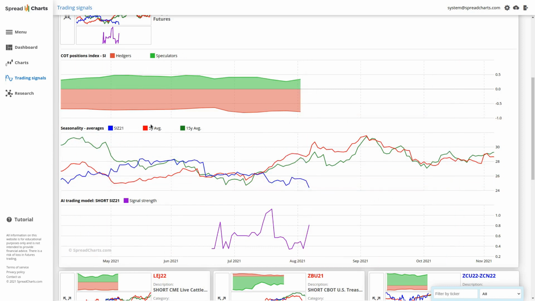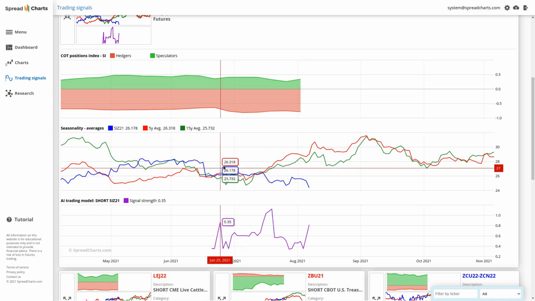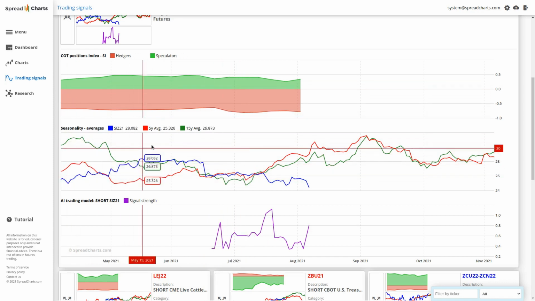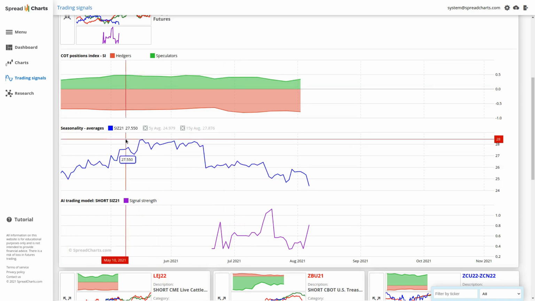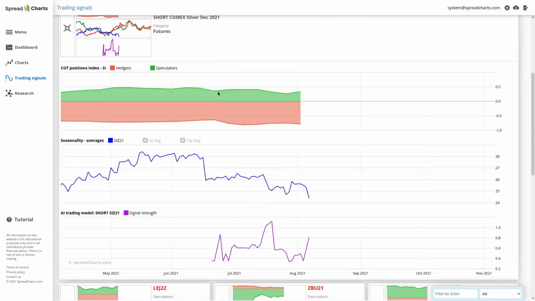There are 5-year and 15-year averages. Once again, they are calculated the same way as the seasonal curves in our regular chart. And the blue curve is the price of the current contract, which is the same as the contract specified in the description.